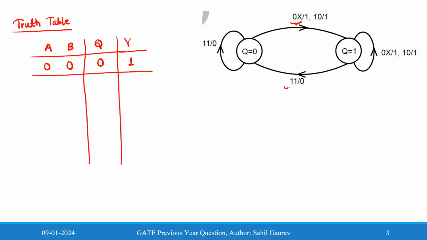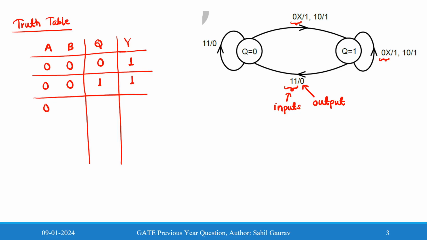Here I want to mention that the first two denote inputs and this denotes output. So we get output as 1. Now next we take both inputs 0 and Q as 1. When Q is 1 and both inputs are 0, it remains in the same state, so Q stays 1 and the output is 1.